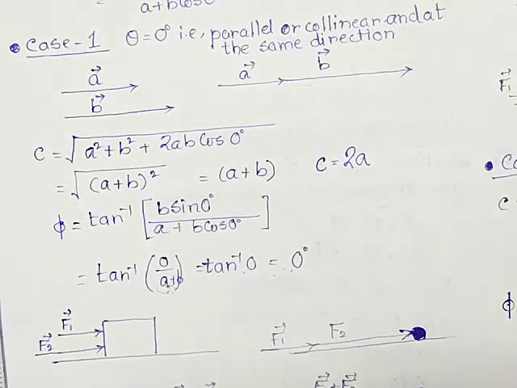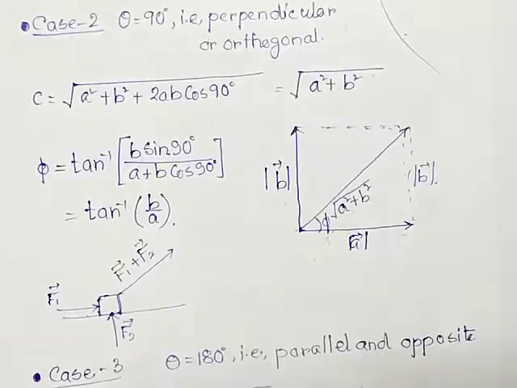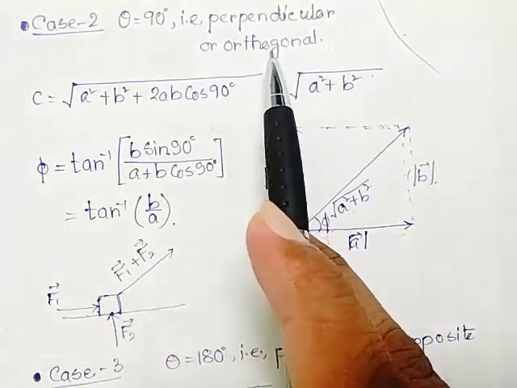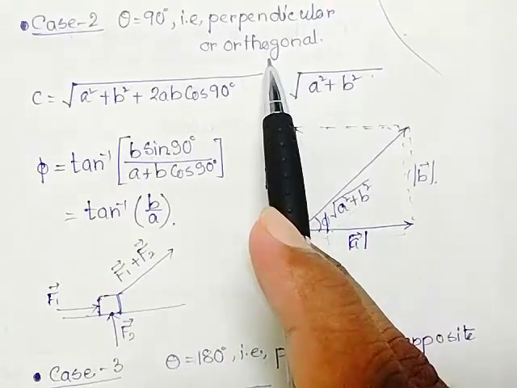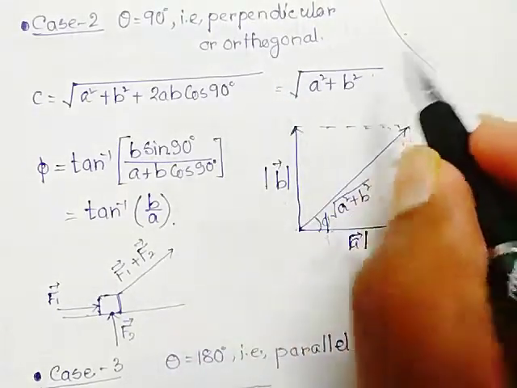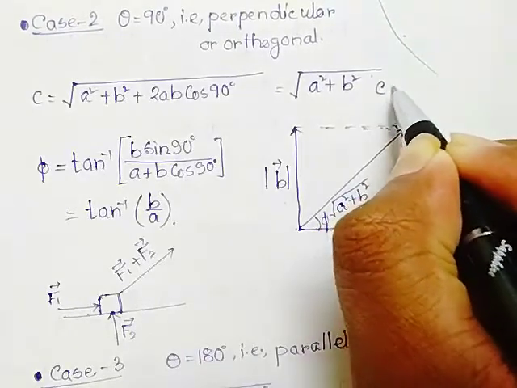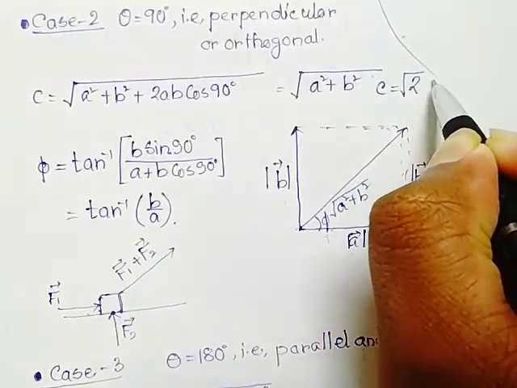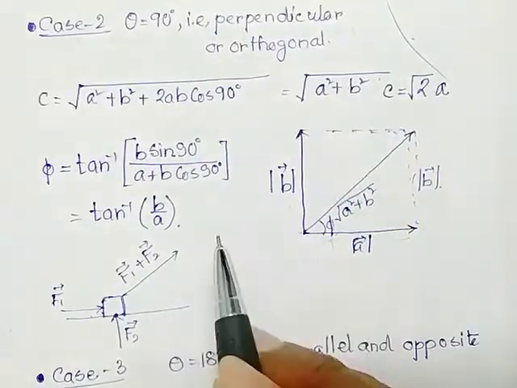What will happen in case of 90 degree? In case of 90 degree, the vectors are perpendicular and orthogonal. If a equal to b, then in this particular case c equal to root over of 2 into a, because a and b are equal.